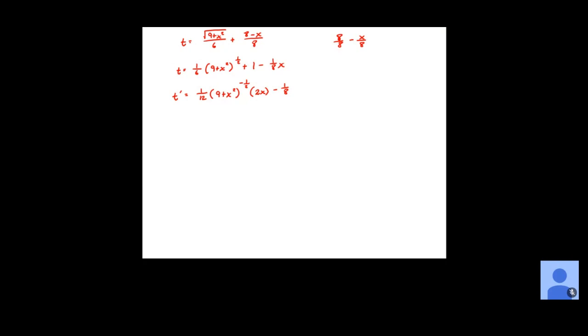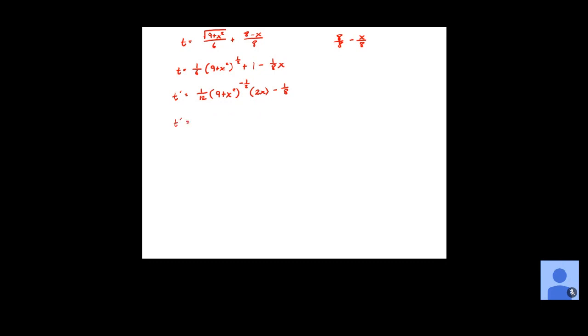All right, now the only thing we can really clean up in this one over here at this point, we can multiply the 1/12 times the 2x, and then I can move the negative 1/2 exponent to the denominator. 2 times 1/12 is 1/6.